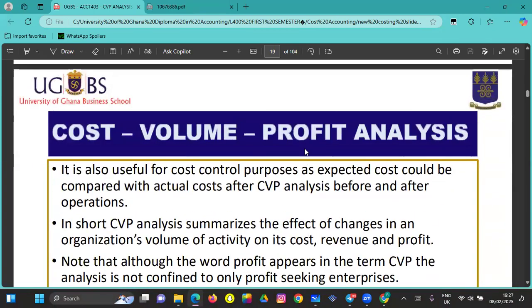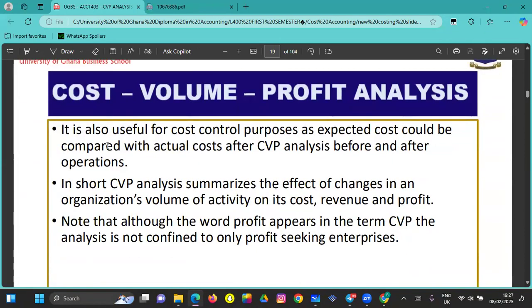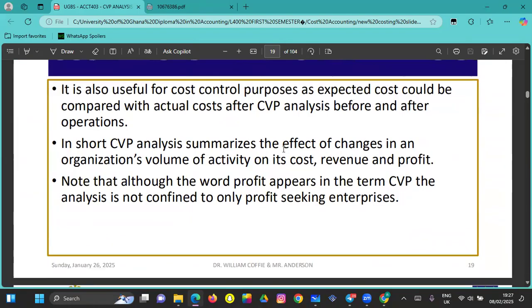Cost volume profit analysis is useful for cost control purposes. As expected, costs could be compared with actual costs after CVP analysis, before and after operation. In short, CVP analysis summarizes the effect of changes in an organization's volume of activities on its cost, revenue, and profit.